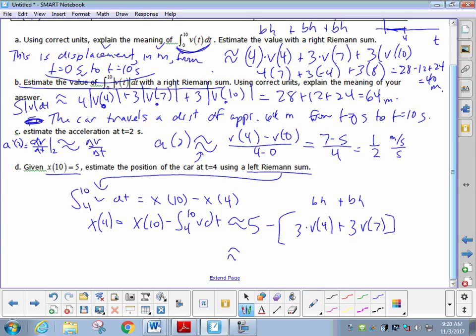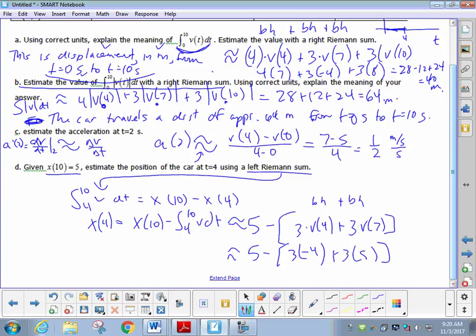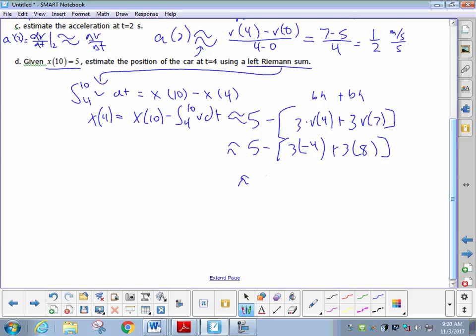This then is 5 minus 3 times -4 and 8. So something like 5 minus -12 plus 24. 5 minus 12, negative. It's supposed to be 7. Yeah?